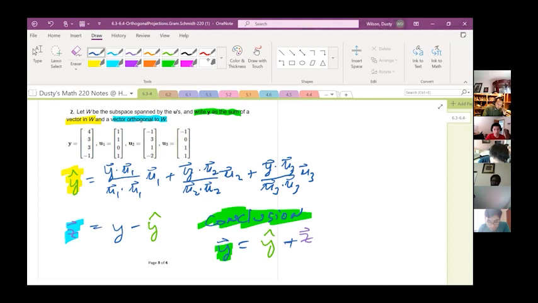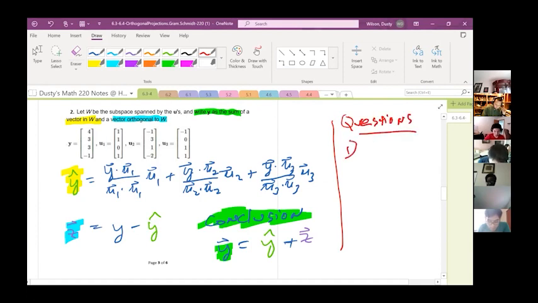So a couple of questions about this. The first question is, what if Y was already in W? How will that change things or influence things?